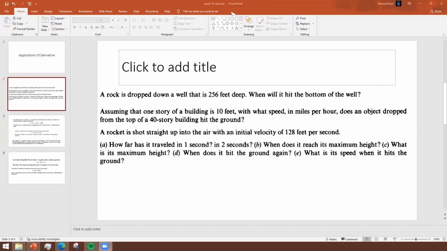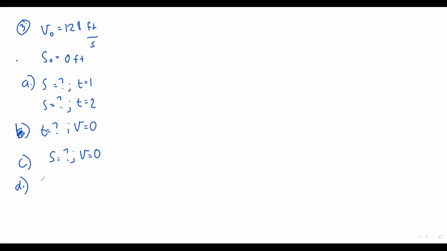Tama. D: when does it hit the ground? Technically, paano natin malalaman? To get that time, i-add natin yung time na pag-angat niya, the total time T. Kailangan natin makuha yung time na pag-angat niya, tsaka yung time na pagbaba niya at this speed din, syempre.